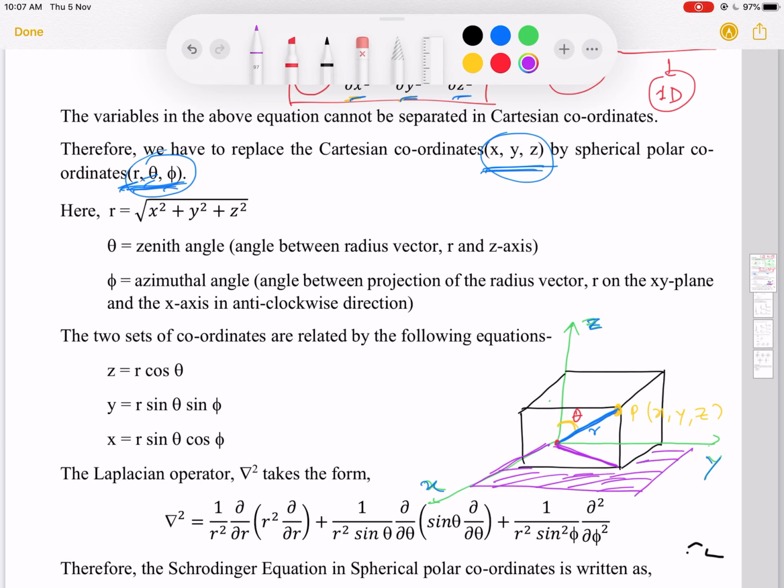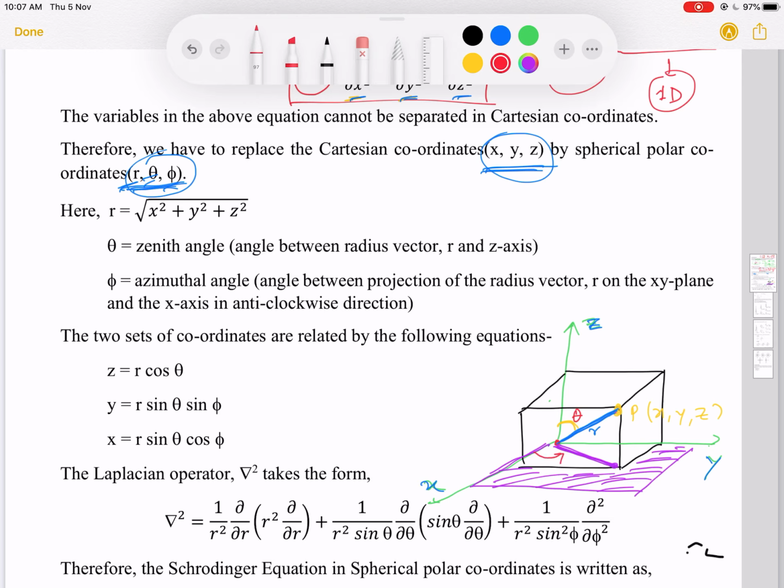In the xy plane, we have drawn a projection of this radius, and then one more angle is formed between the x-axis and this projection.